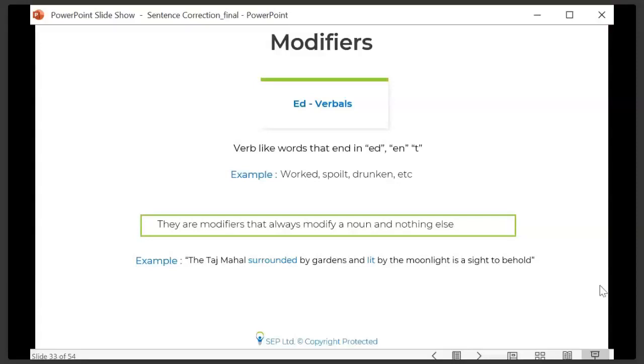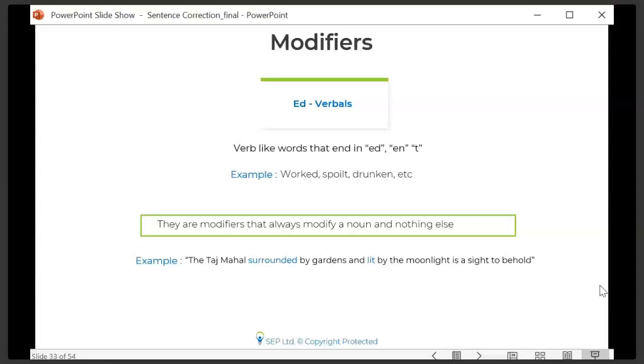Great. All of you have understood this. So we have a question to do with the modifier here. The next question that is coming up is to do with the modifier. So the takeaway here is the ed verbal. The ed, where it is acting as a modifier, can modify only a noun. It cannot modify any other word.